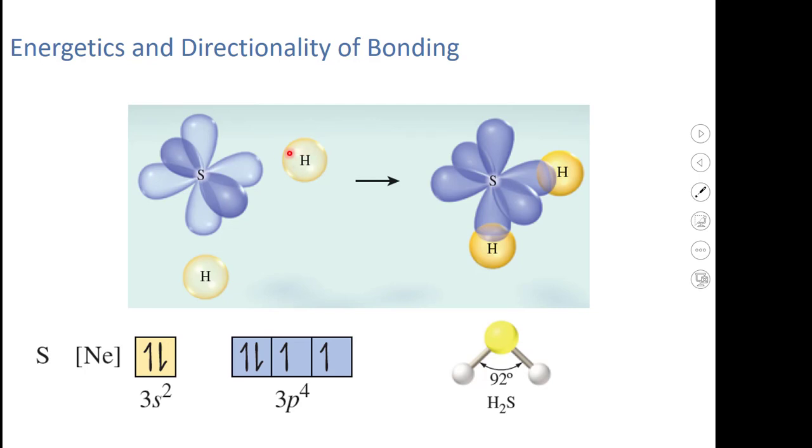So if I have a hydrogen come in and bond with that, and a hydrogen bonding with that, these two hydrogens should be about 90 degrees from each other. And sure enough, if you measure the bond angle in H2S, you get about 90 degrees. So this is another thing that valence bond starts to explain that you didn't get any of in Lewis theory: why are those bond angles what they are? Now this isn't going to explain all the bond angles, but it's going to start to explain it.